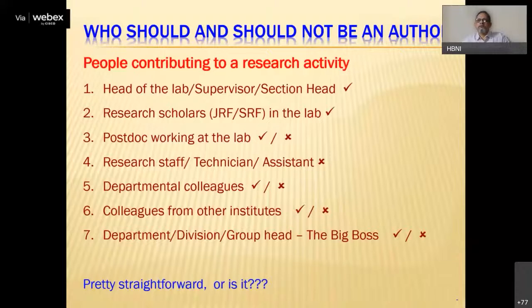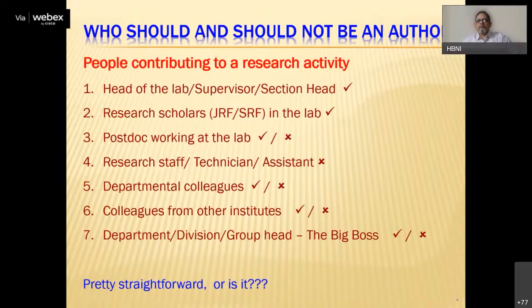Generally it is considered that postdoctoral fellows have much more experience than the junior research fellows or the scholars there. Then you will also find research staff, technicians, or scientific assistants, technical assistants in the lab doing various things like calibrating equipment, repairing equipment, maintenance of equipment, etc.